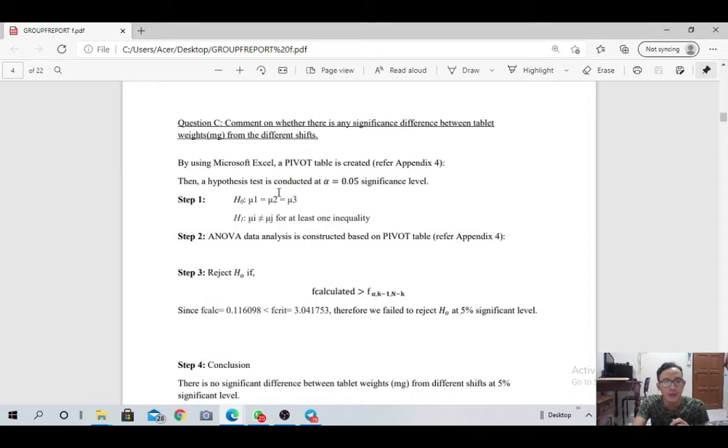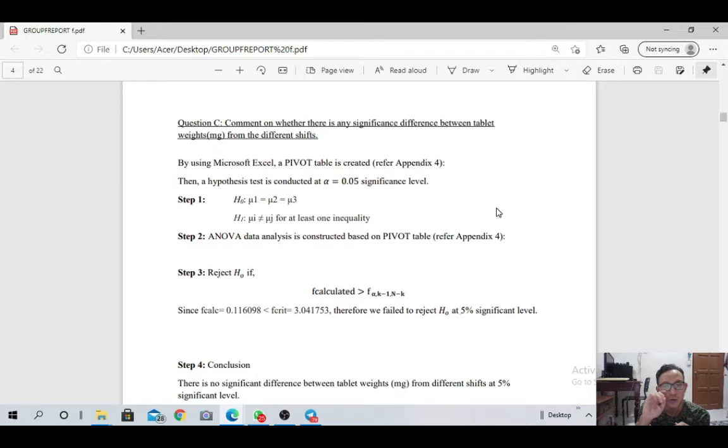And then we conduct a hypothesis test using alpha 0.05 significance level. For step 1, H0 is mean 1 equals mean 2 equals mean 3, while for H1, mu i is not equal to mu j for at least one inequality.